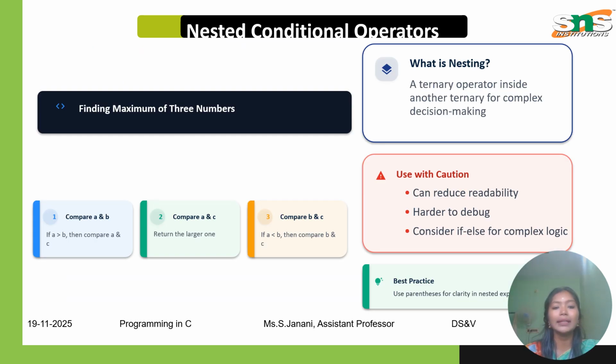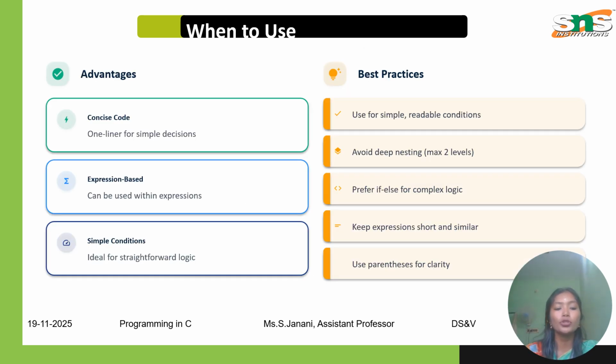Next is the nested conditional operator. It is a single-line syntax that replaces multiple lines, using one ternary operator inside another ternary for more complex decision-making. It can reduce readability and make code harder to debug, so consider if-else for complex logic. Choosing the right construct improves the program's readability and maintainability.